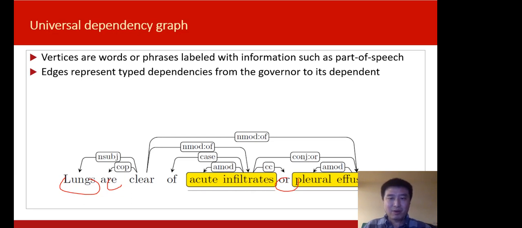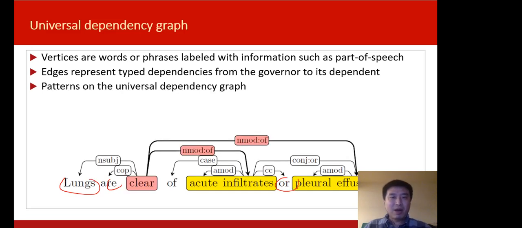We also have the conjunction or coordination construction in this sentence. From the typed dependencies, we also know that the phrases acute infiltrates and pleural effusions are coordinated with each other in this sentence. That information is very helpful when we apply patterns on the graph.